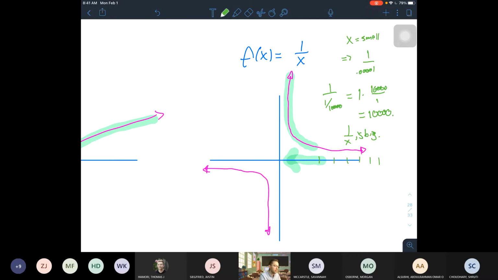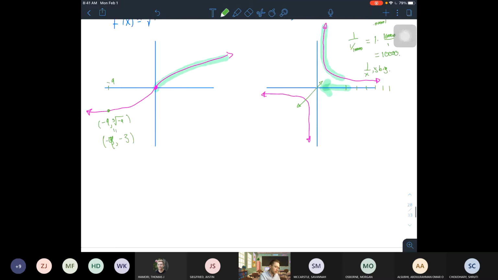We're going to see the same exact thing on the left-hand side, except when we divide a positive number by a negative number, we get a negative number, and the size is going to stay the same. So the result is that this graph is going to look symmetric about the origin.